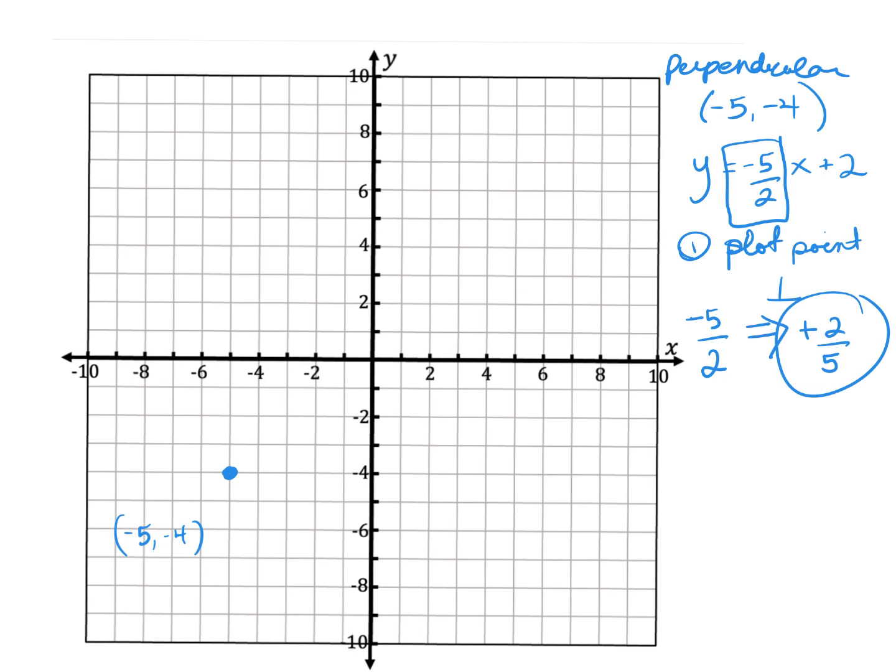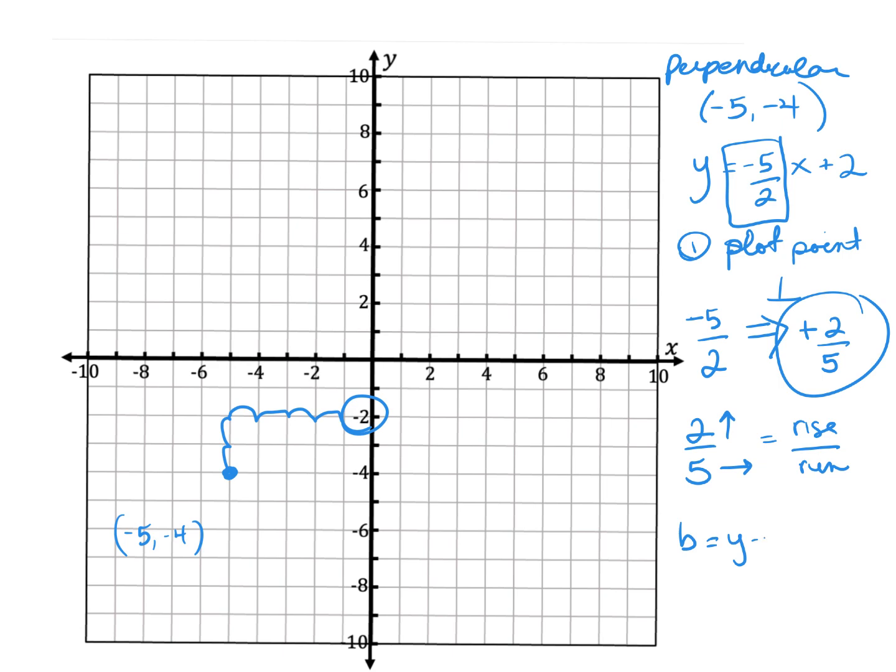So that means I'm going to count up 2 and to the right 5, because that's my rise over run. So I'm going to count up 2 and to the right 1, 2, 3, 4, 5. And remember, we count till we reach the y-axis, because that is what b equals.